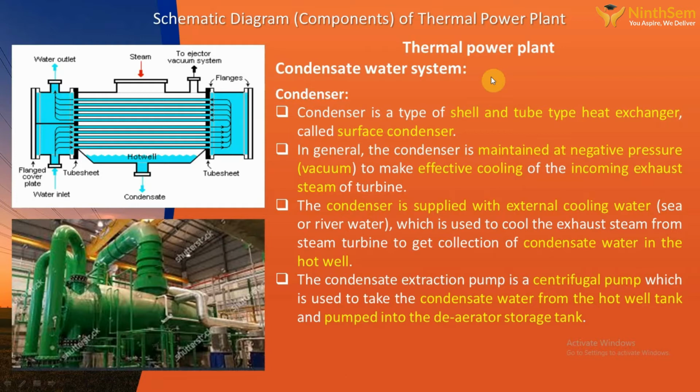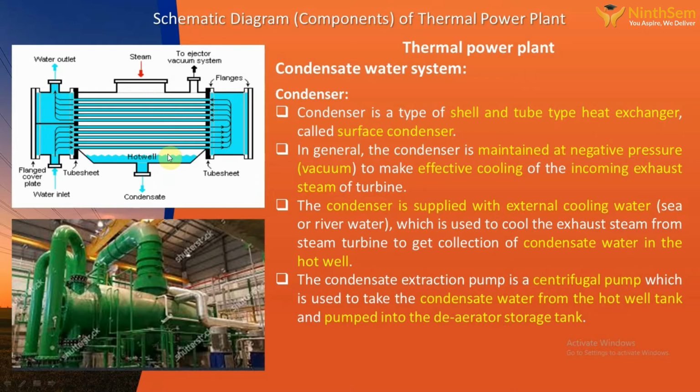In general, the condenser is maintained at a negative pressure to make effective cooling of the incoming exhaust steam of the turbine. So generally the condenser maintains negative pressure, that is, vacuum, so that we can cool the condensing steam very nicely.